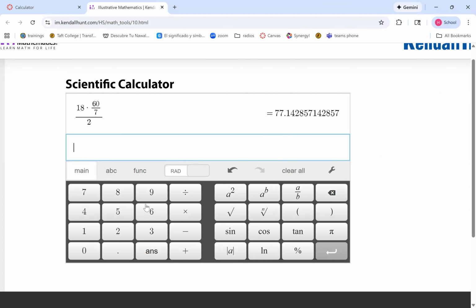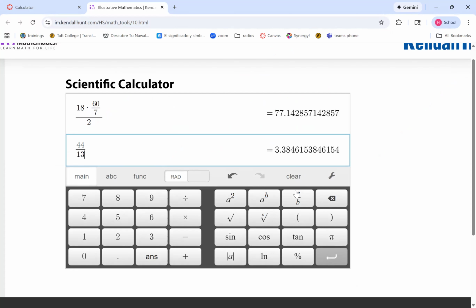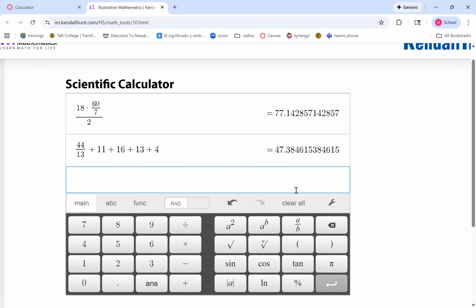So we had 44 over 13, right? I'm keeping that as a fraction, plus 11 plus 16 plus 13 plus 4. Press enter. It gives me 47.384.